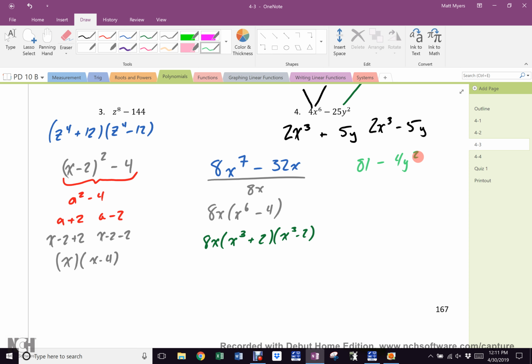Right. It's just reversed order, isn't it? Is it still A and B? Are they both squares? So does anything change? 9 plus 2y. 9 minus 2y. Everybody's still good? All right.